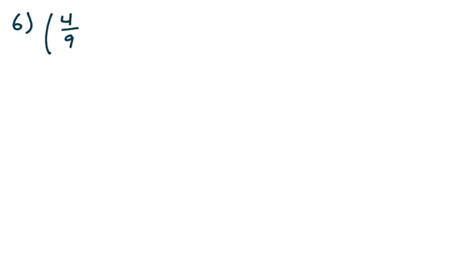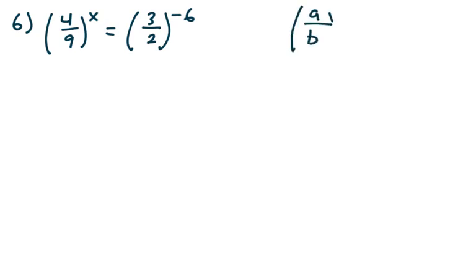Suppose 4/9 raised to the x is equal to 3 halves raised to the negative 6. Now, there's a law of exponents here. If I take a over b and raise it to the negative n power, it turns out that this is b over a raised to the nth power.